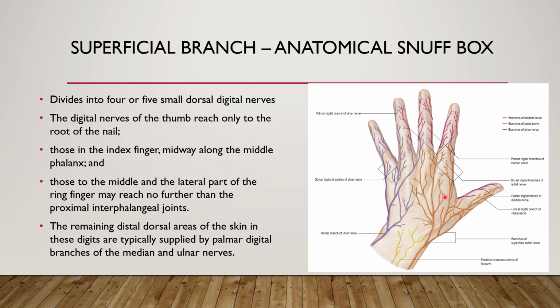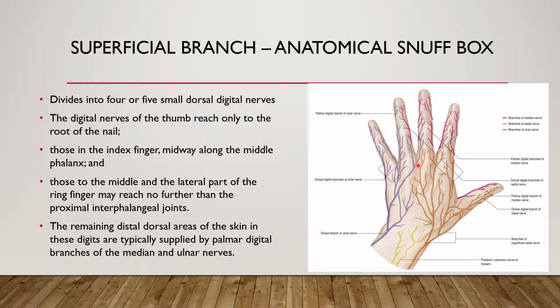After that, it divides into dorsal digital branches. One branch to the lateral surface of thumb, another branch to the medial surface of thumb, another branch to the radial surface of index. Another branch comes near the web space, this interdigital space, and divides into two, going to both sides of the index finger and the middle finger.